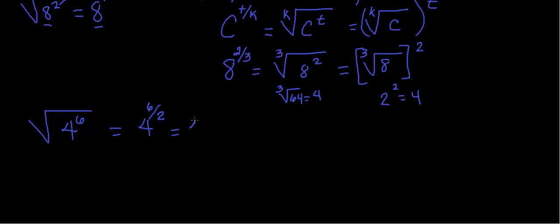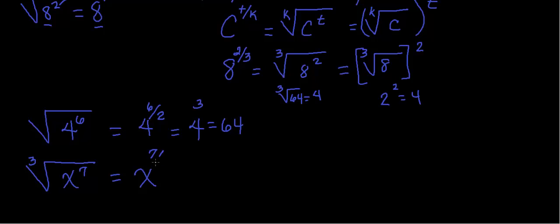And you can go ahead and say, well, this is 4 to the 3rd power, which is 64. If I ask you to change this expression, let's say x, well, this is x, your exponent is 7, your denominator 3. And that's how you rewrite that.